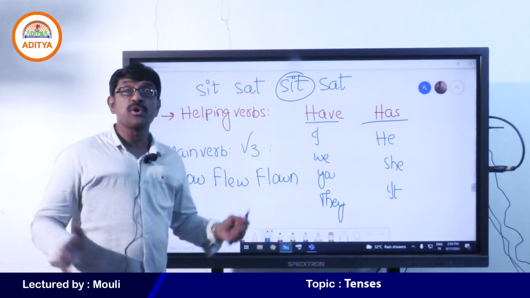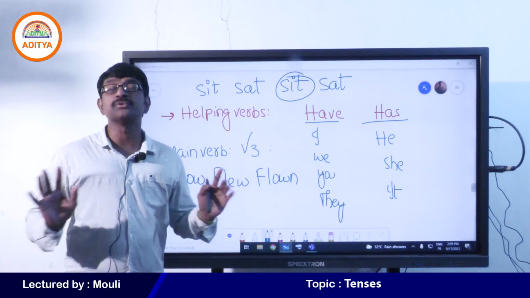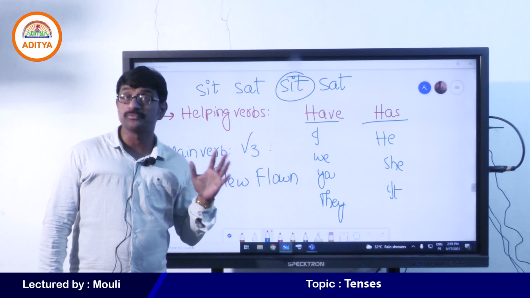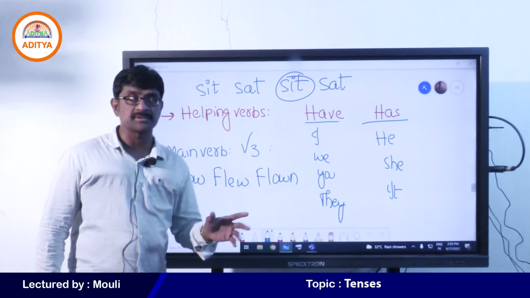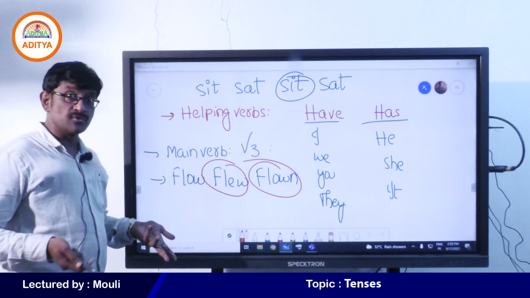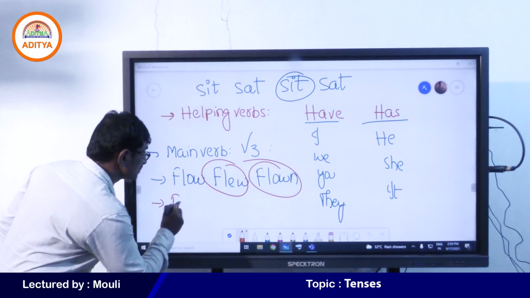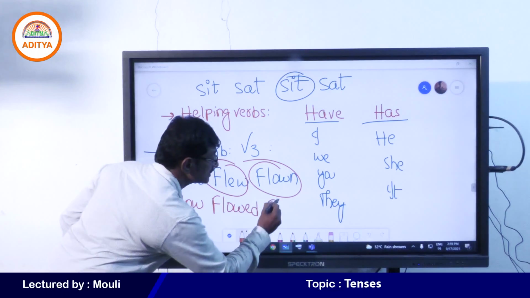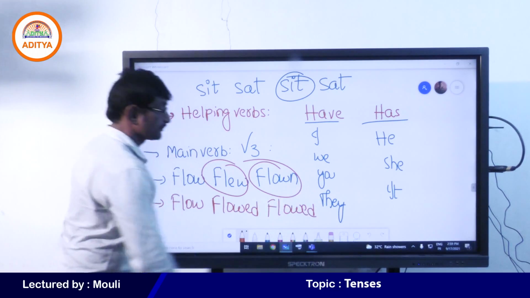You see now, flow, flew, flown we say, but it's not correct. But everybody says like this. So we should be very careful with the three forms of the verbs. This is an incorrect statement. What is flow, flew, flown? We must write flow. The second one is flowed, and the third one is also flowed.